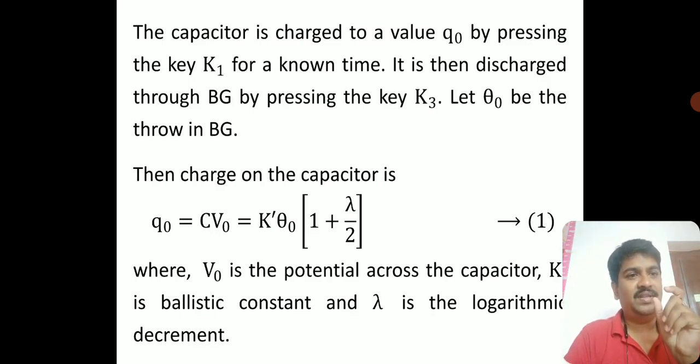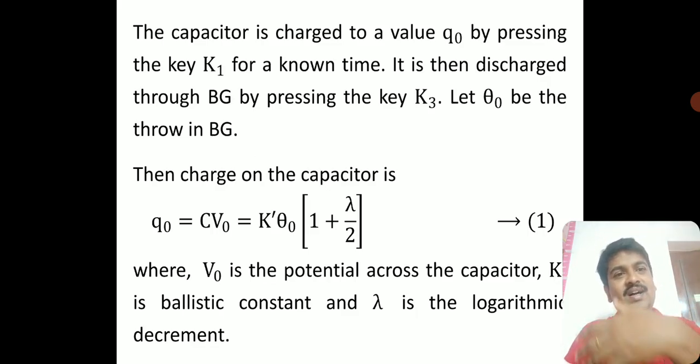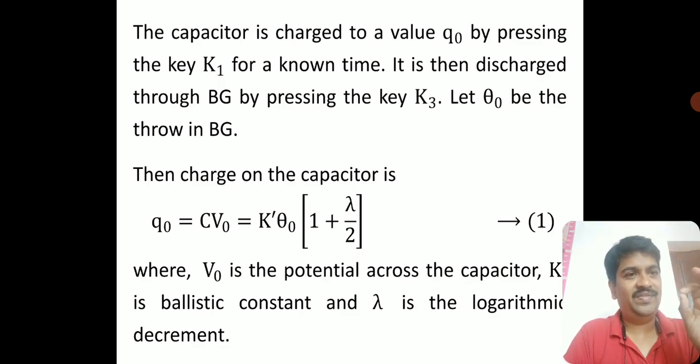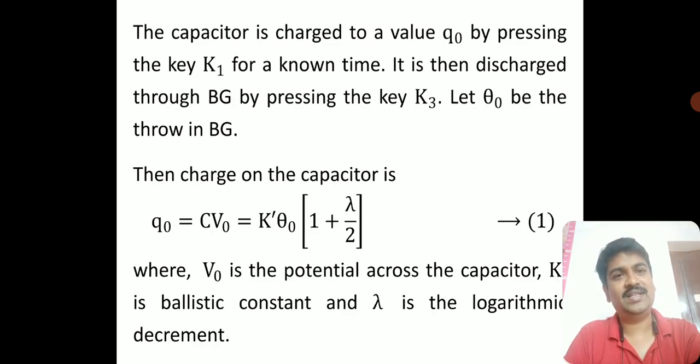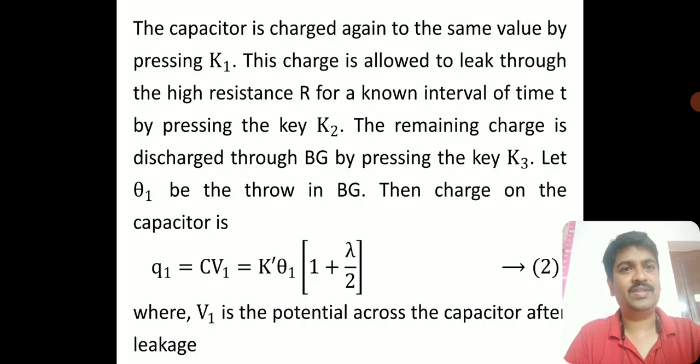Students, now you know how I derived this equation. Theta is the first correct deflection, theta naught is the first observed deflection. You only see the observed deflection, not the correct deflection. To convert it, you write theta naught into 1 plus lambda by 2, where lambda is the logarithmic decrement.